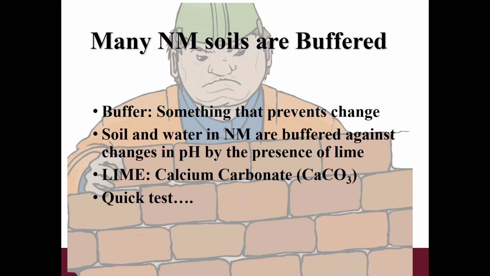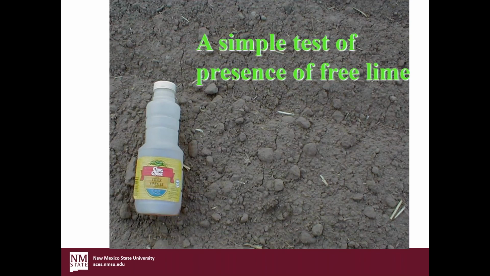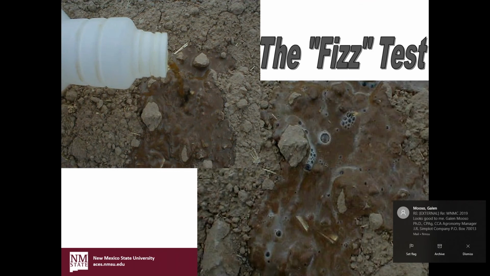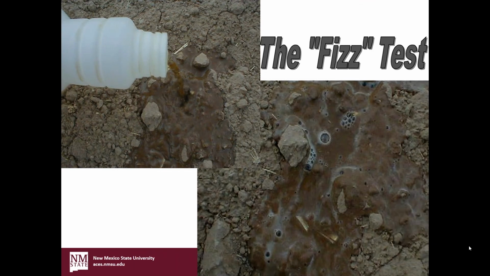One of those quick tests you can do is to use some vinegar. A simple test is to pour a little bit of vinegar on the soil. It could be dry or moist. And you can see that by adding an acid to the soil, we start to see effervescence occur.